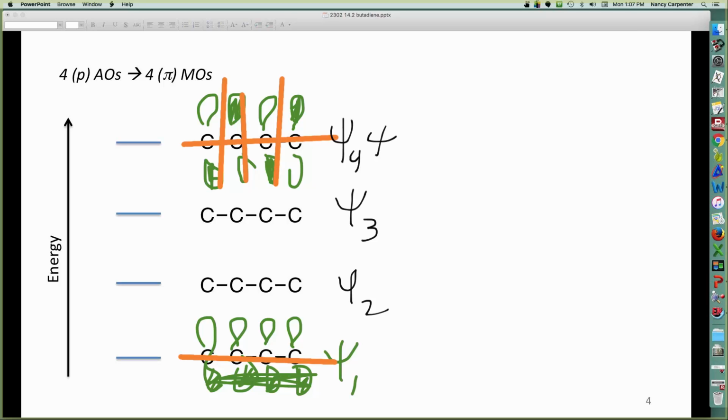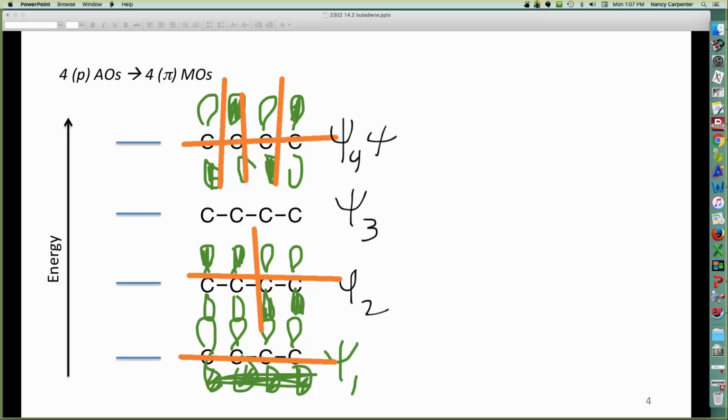So what do you think they'll look like? Well, let's just do it. There's our 4 p orbitals. How are they going to be arrayed so that I end up with 2 nodes? Well, it seems to me that this is the logical arrangement for psi2, 1 node here and 1 node here.